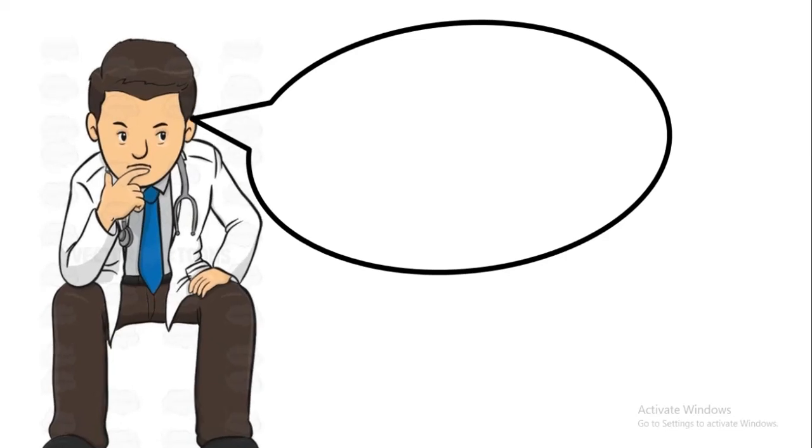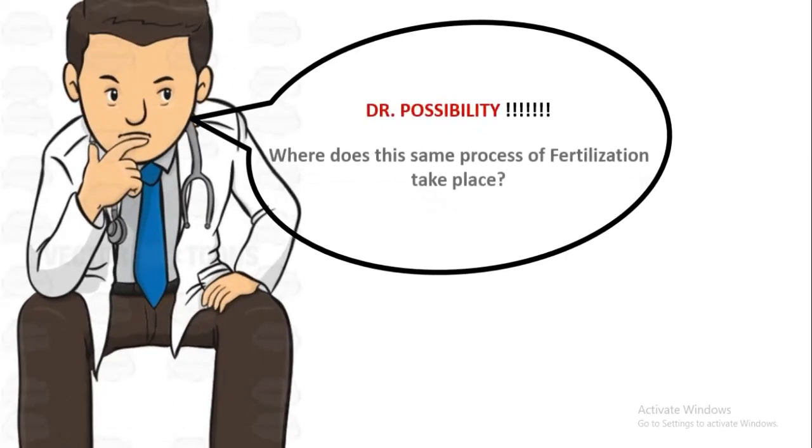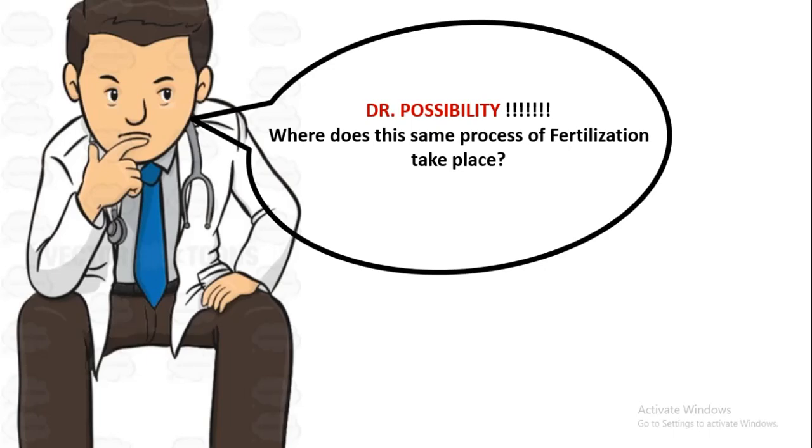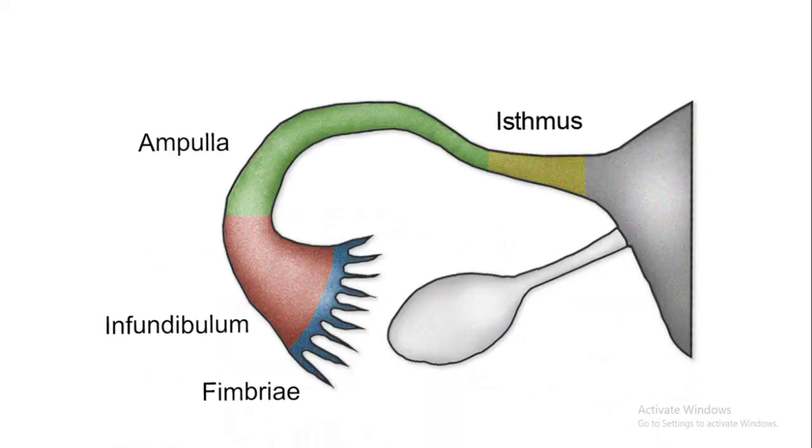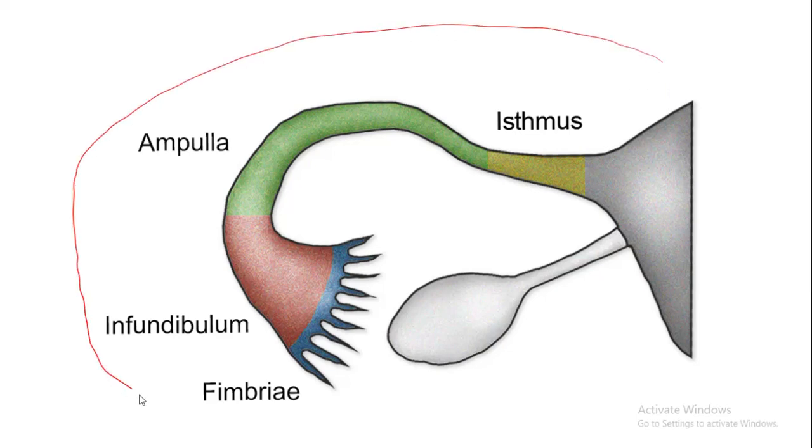But the big question is, where does the process of fertilization take place? I'll explain this using a diagram, which I'm going to show you in the next slide. In this slide, you can see the diagram is showing the fallopian tube. The fallopian tube is made up of four important regions.